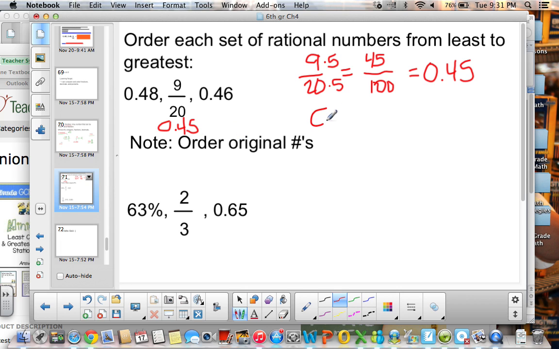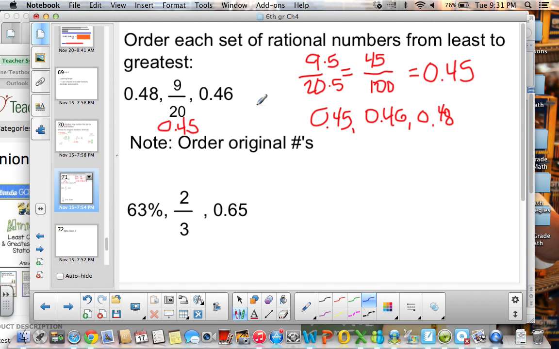I can see that 45 hundredths would be my least, and then 46 hundredths, and then 48 hundredths.